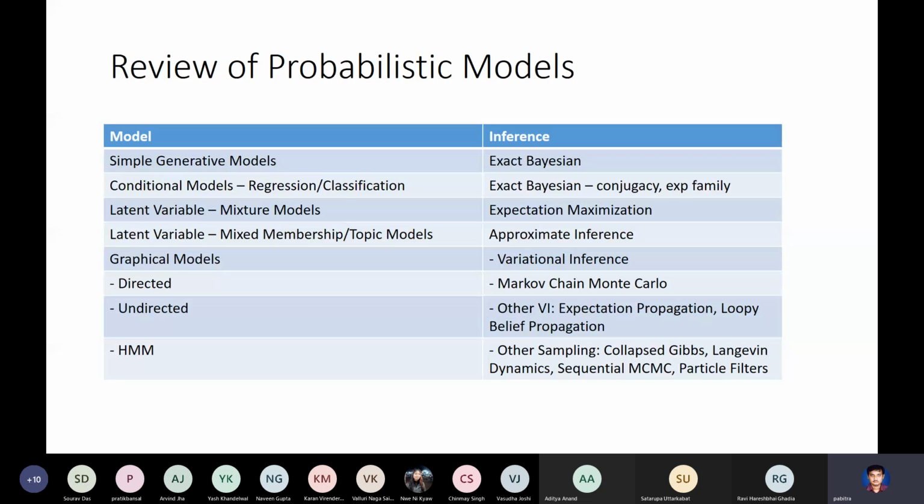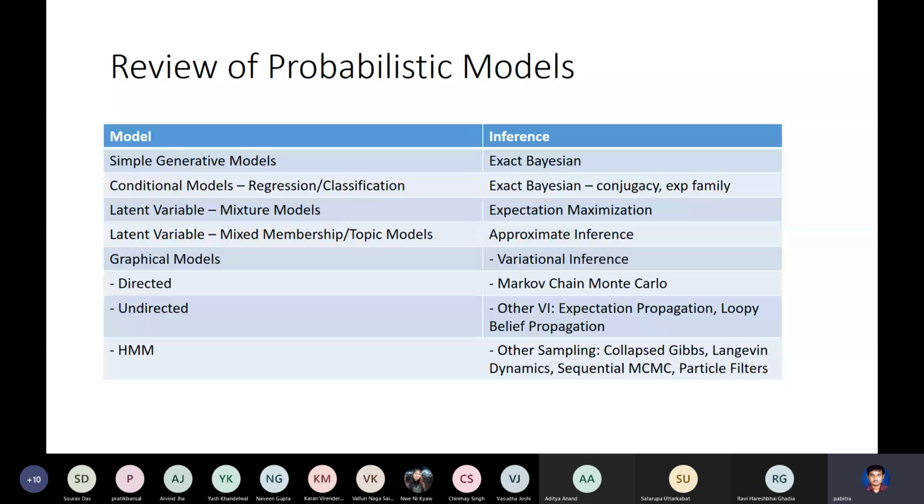All the relationships between the variables are represented by a graph. Since there are many variables now, we have directed and undirected graphical models, and hidden Markov models. Okay, so these are the kinds of models.